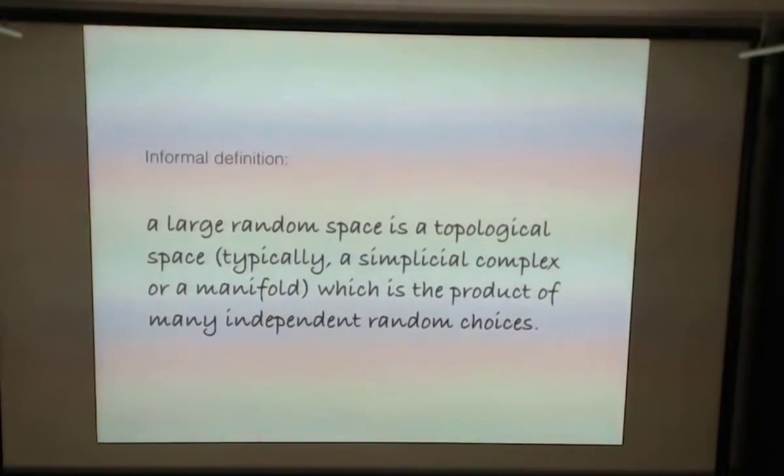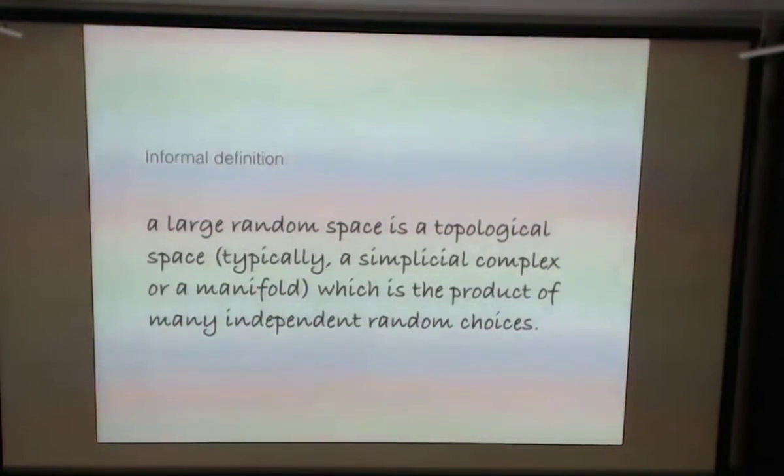So we will see in this talk different models where all these properties are satisfied, that we have large random spaces of different nature, of different character, but they all have this in common, that they are created by many, many independent random choices, which is described in this definition.